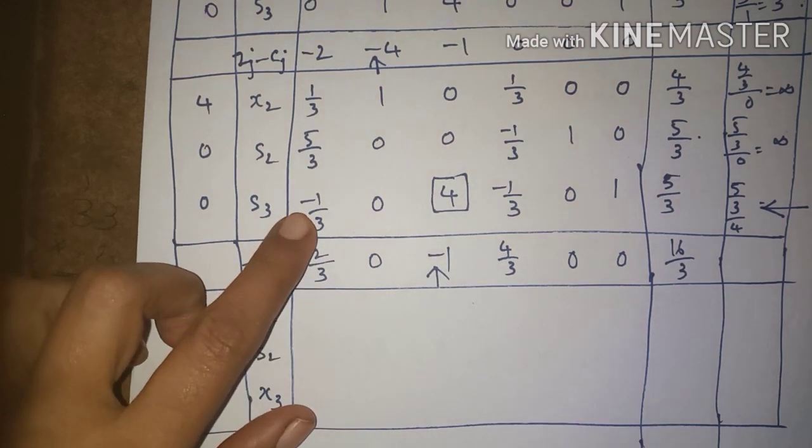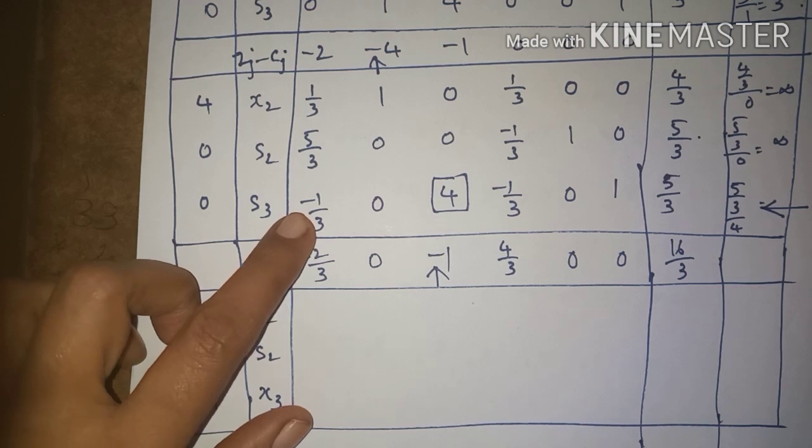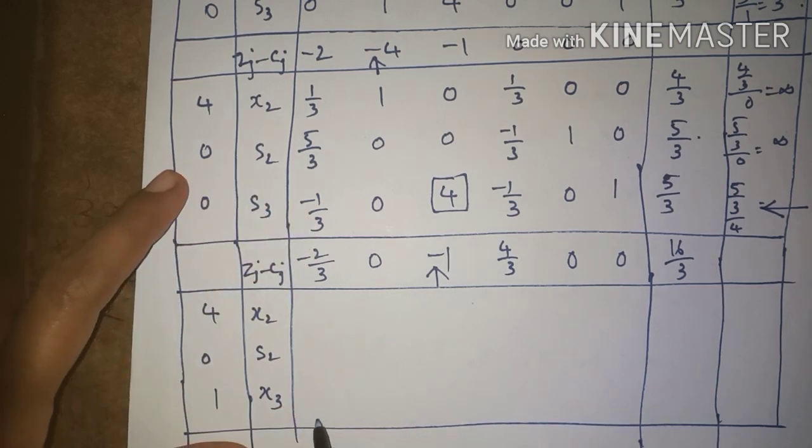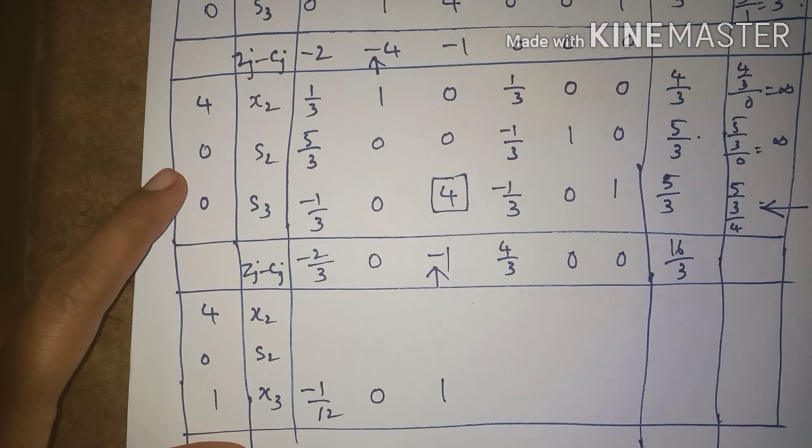Here minus 1 by 3 by 4 is minus 1 by 3 into 1 by 4, which is minus 1 by 12. 0 by 4 is 0. 4 by 4 is 1. Minus 1 by 3 by 4 is again minus 1 by 12.